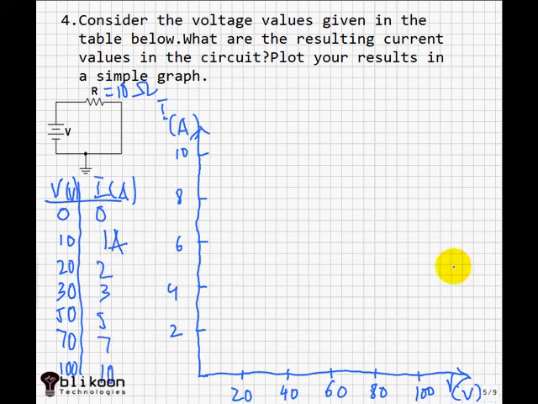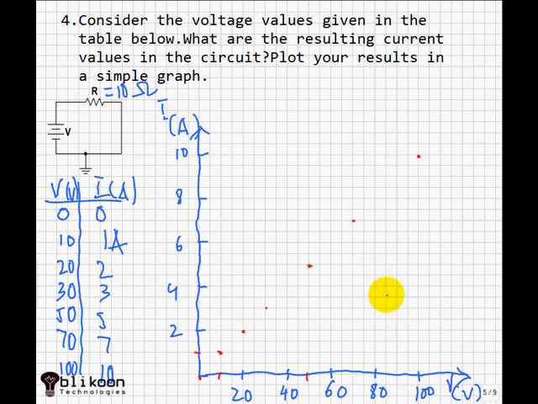Now we have to plot what we have found in the circuit and put in our table here. When the voltage equals 0, current equals 0 amps. So we have a point here, 0 volts and 0 amps. It's here. When voltage equals 10, current equals 1, and 10, 1, we have a point here, and we keep doing this also.